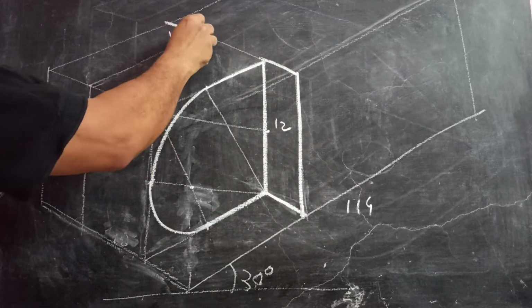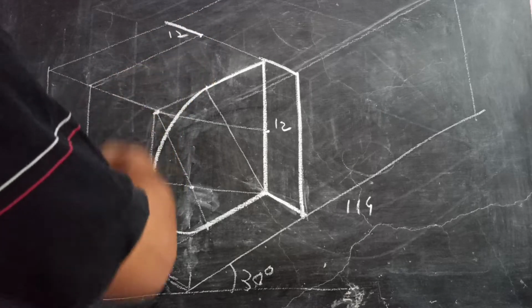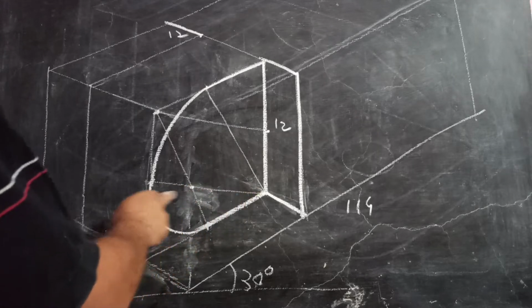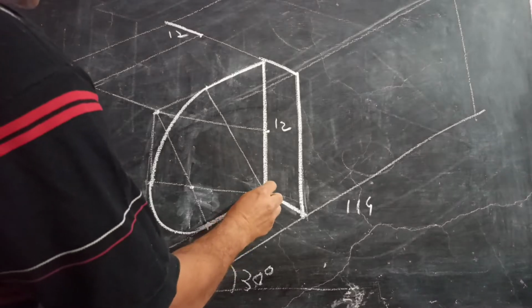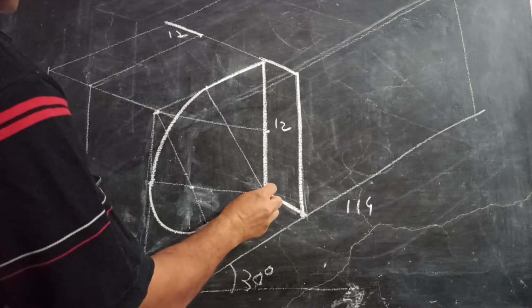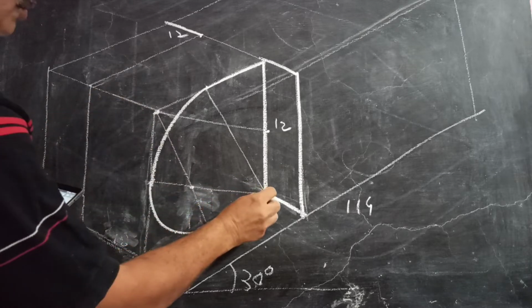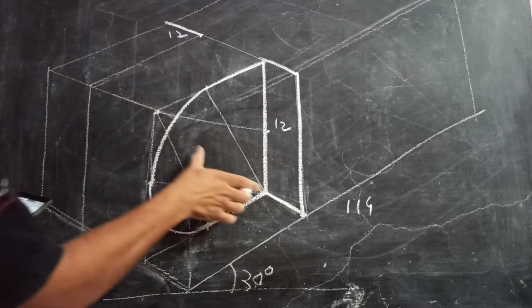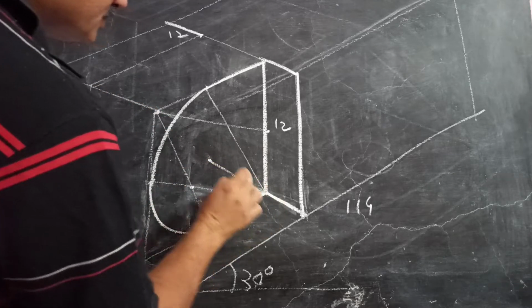Now the same round must be here also. So we have used two centers, this one and this one. This part won't be visible, so you can extend this center along this same line by 24 because the width is 24. So somewhere else it will be here.